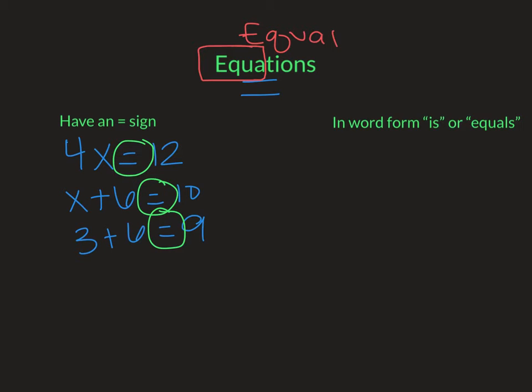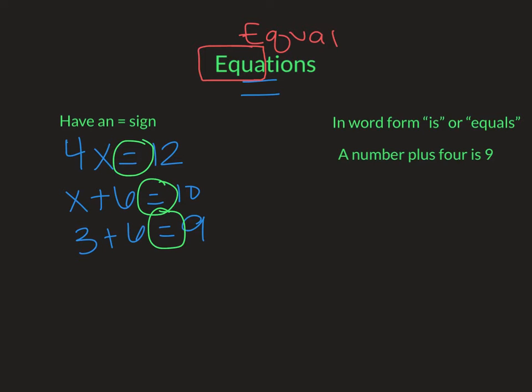Now, you may also see it in word form. And if you were looking at it in word form, it might say something like this: a number plus 4 is 9. Okay, could look something like that.